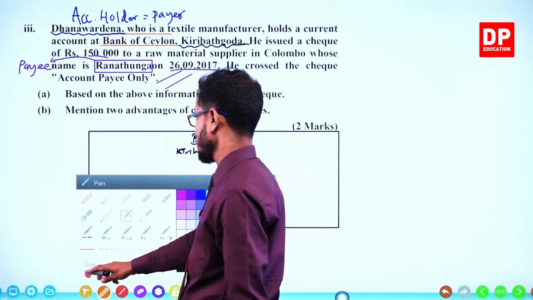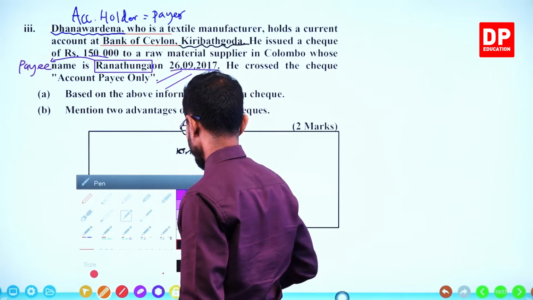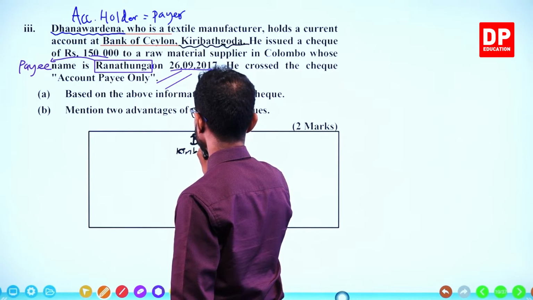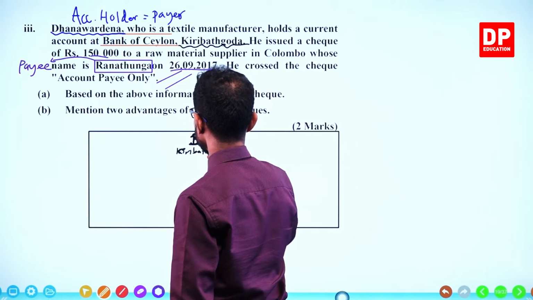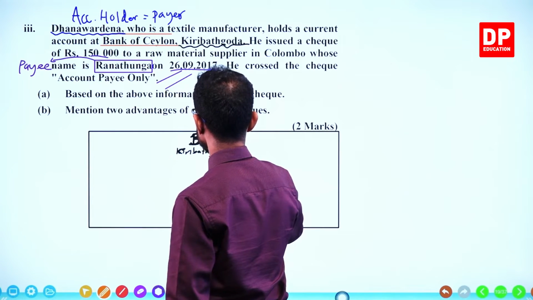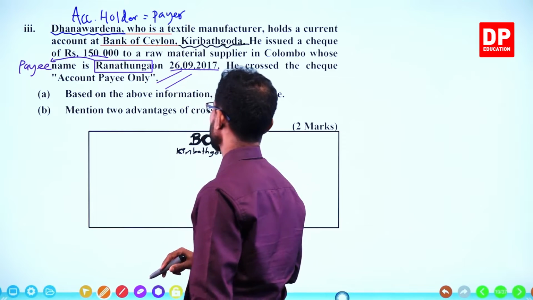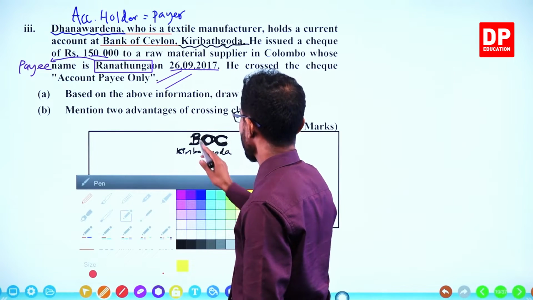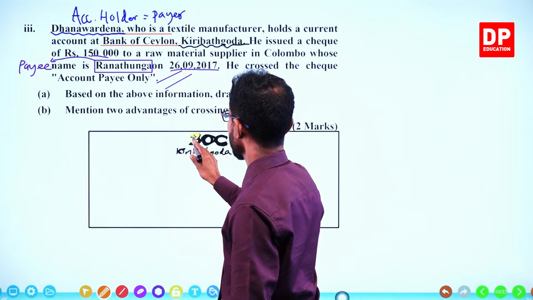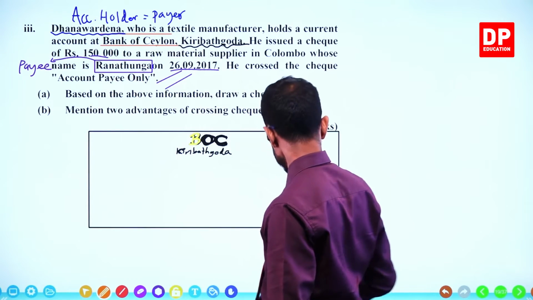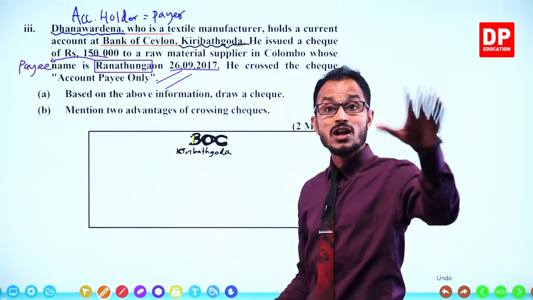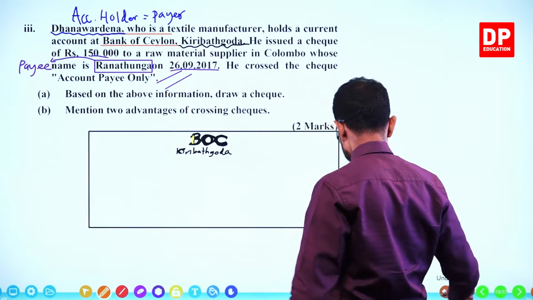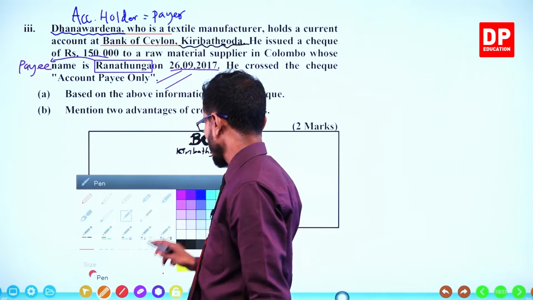Nice. BOC. If I use the BOC colors, you don't have to use the BOC colors, okay? You don't have yellow color pens, right? I'm just going to decorate it, but that's not necessary.